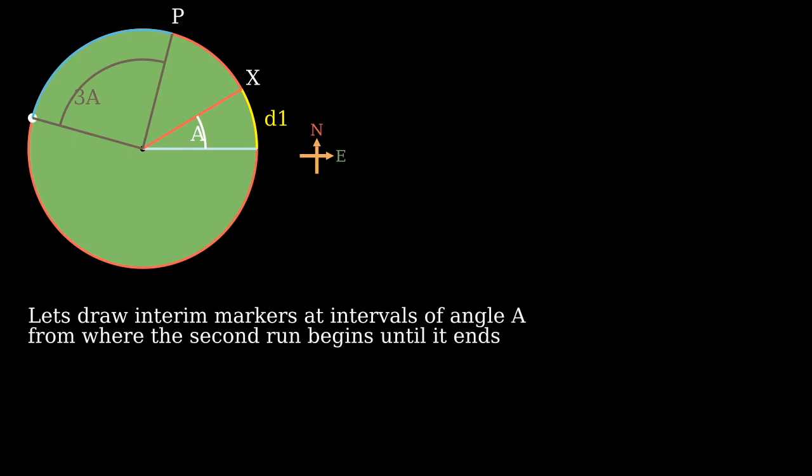Let's draw interim markers at intervals of angle A from where the second run begins, which is point P, until it ends. Let's label the points Q and R and S to be at angles A from P to Q to R to S. Now let's rotate until point P is due east.